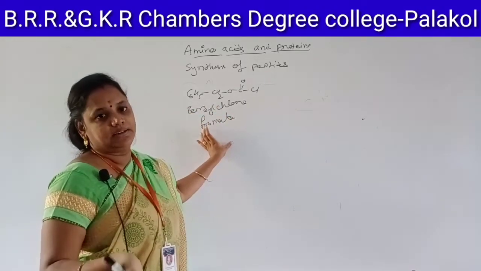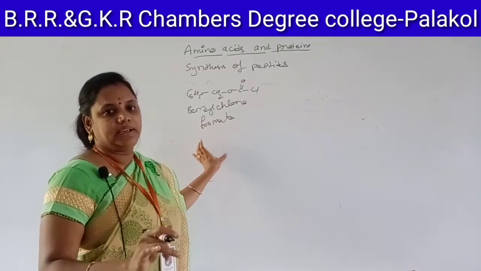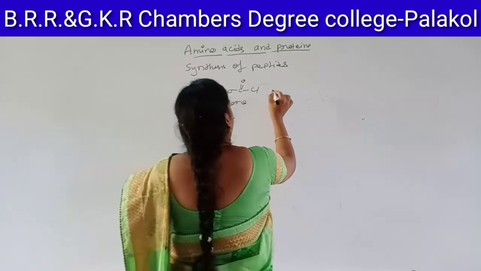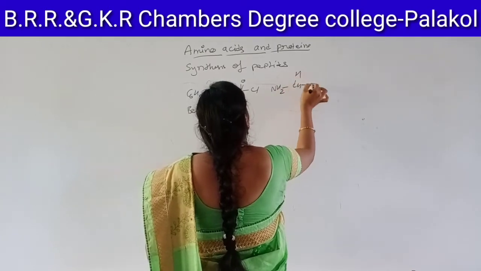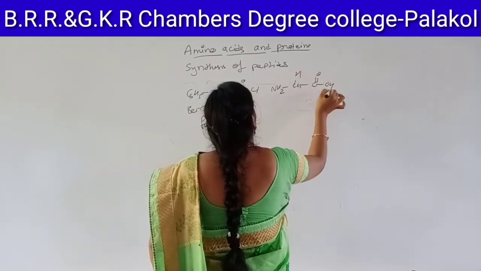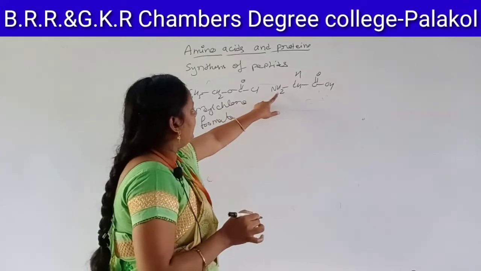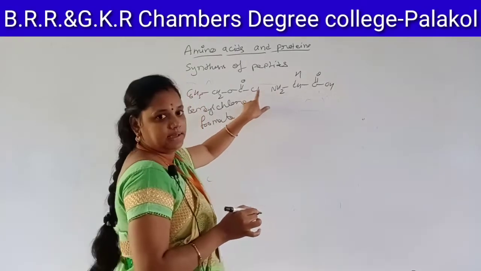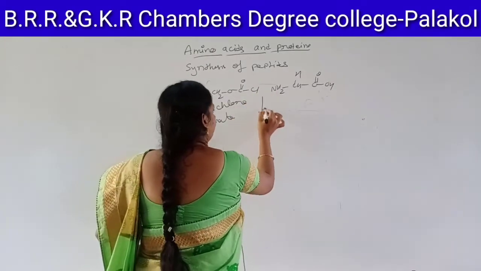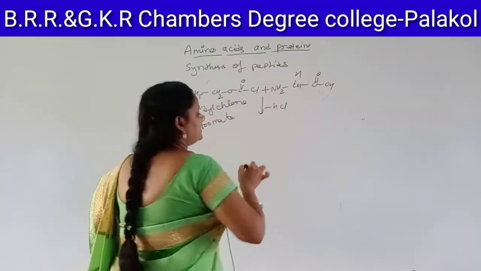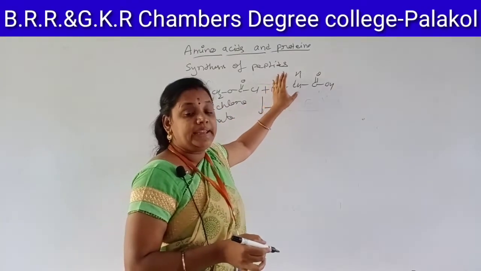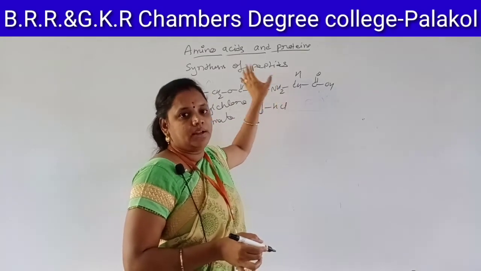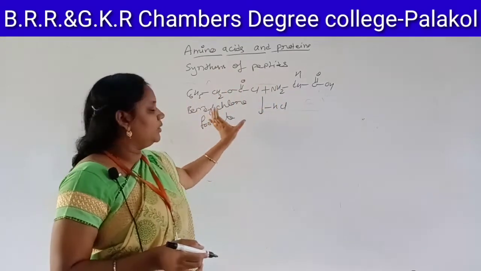which we have taken. Now here I am taking glycine. What happens here? HCl is removed. Here the reaction is not just the removal of HCl, but we are protecting the N terminal of the amino acid with benzyl chloroformate.